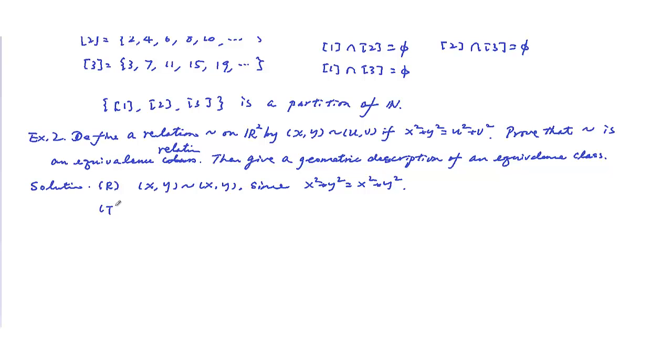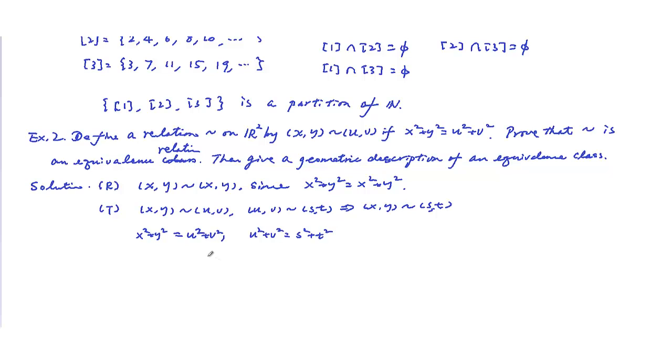So this is reflexive. Transitive: (x,y) is related to (u,v), and then (u,v) is related to (s,t). Then we want to show that (x,y) is related to (s,t). Now, (x,y) related to (u,v) means x squared plus y squared equals u squared plus v squared. (u,v) related to (s,t) means u squared plus v squared equals s squared plus t squared.